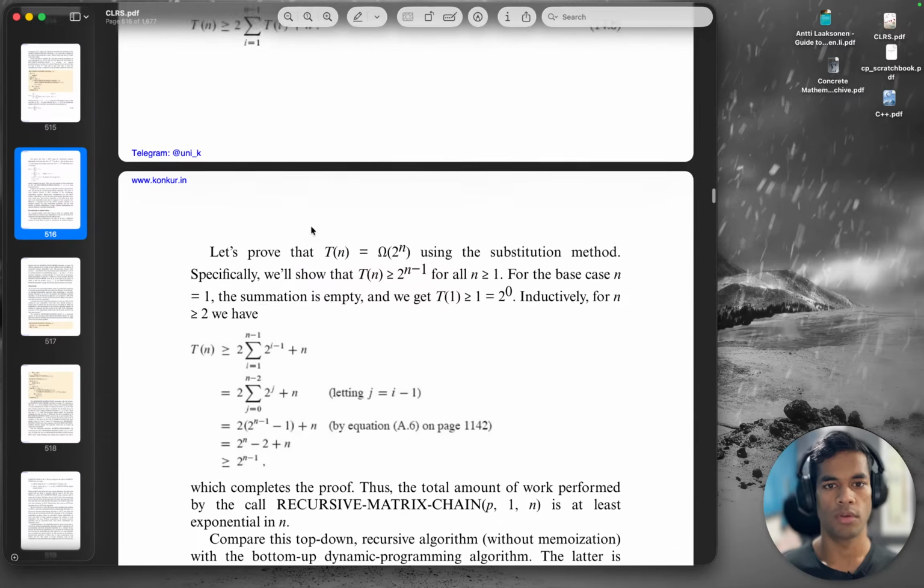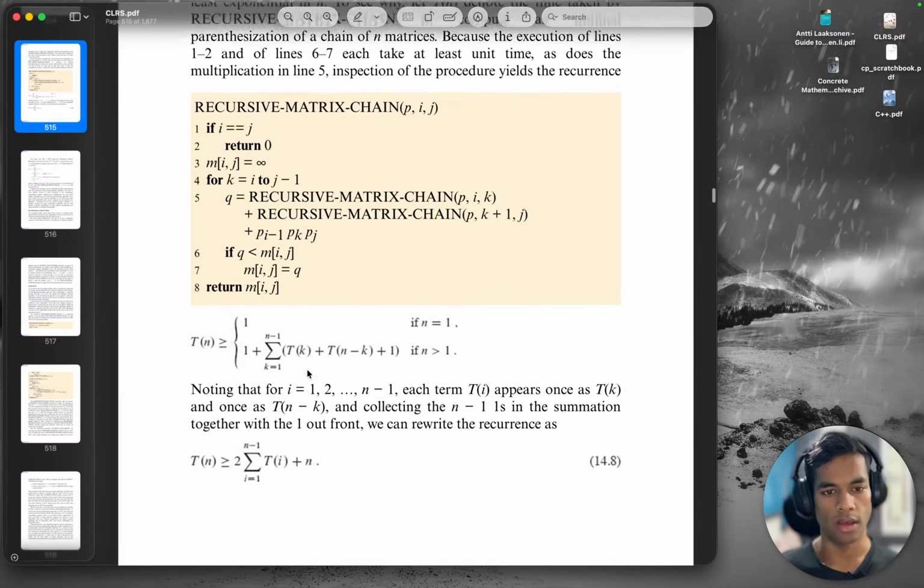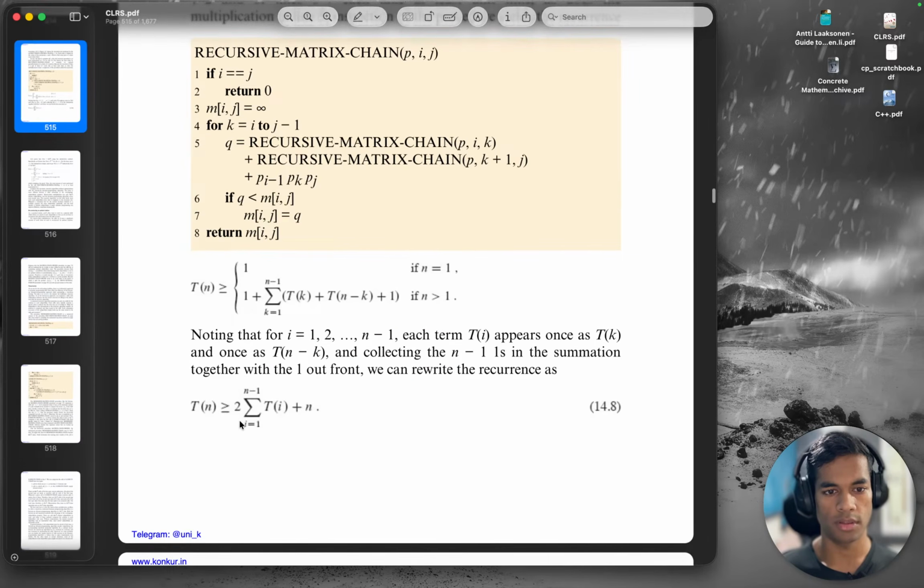Let's prove that Tn equals 2 power n. Okay, I do not get this part. How did we convert this thing into this? This thing makes sense. Plus i plus n minus 1 is n. But how did we convert this thing? Okay, this is not exactly equal, it is less than or equal to.